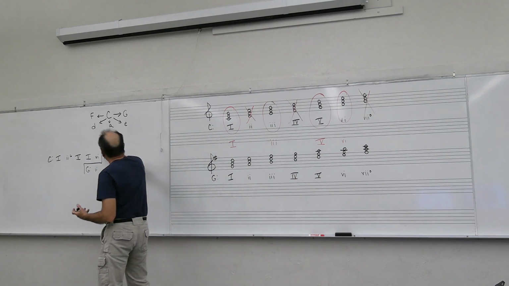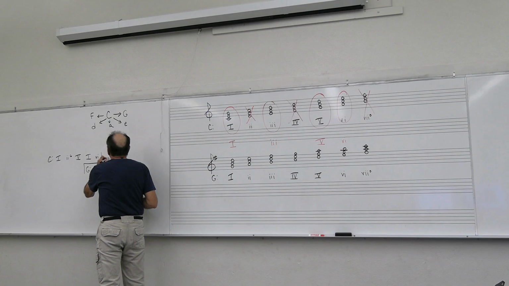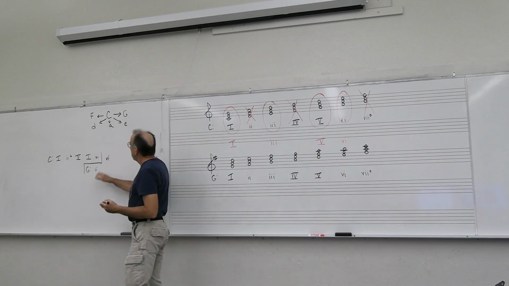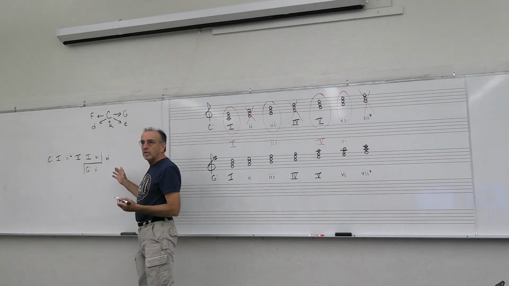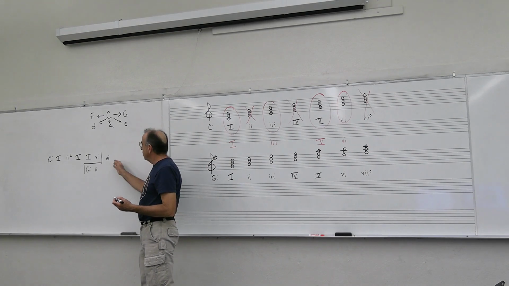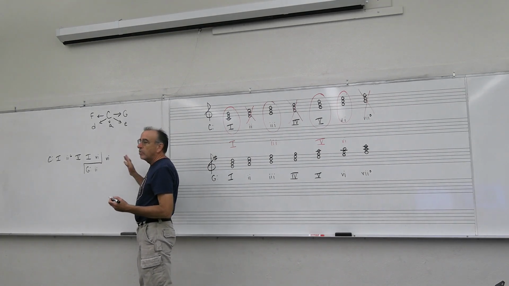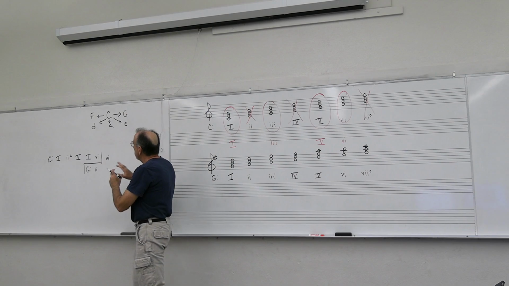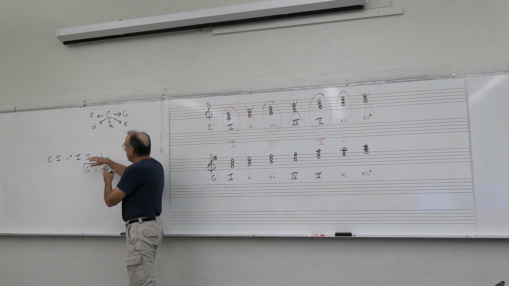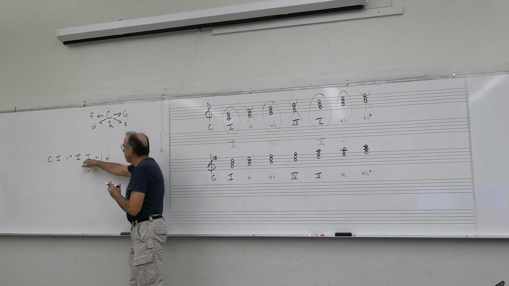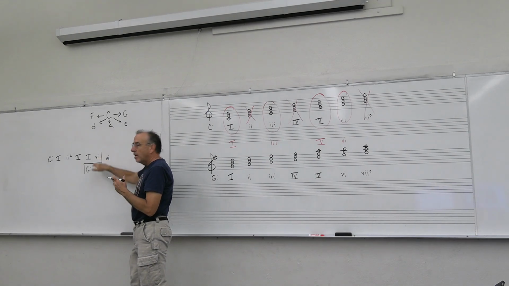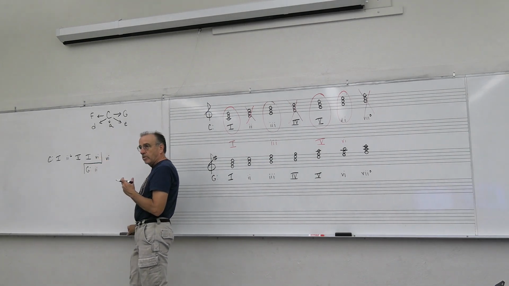Or I couldn't do 2, 6. That's not a progression that we use, right? We don't go from 2 to 6 in this new key. So the common chord, in terms of its placement in the progression, must make sense in terms of the key that you're coming from and the key that you're going to.